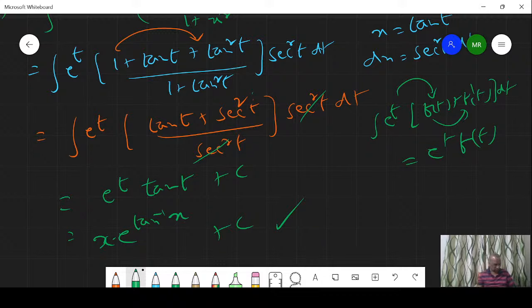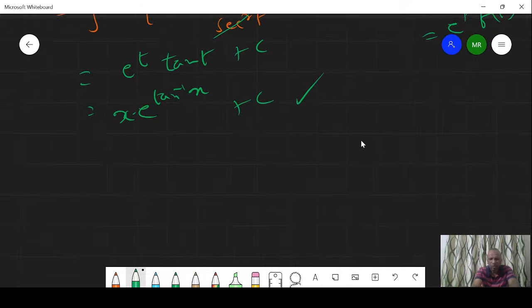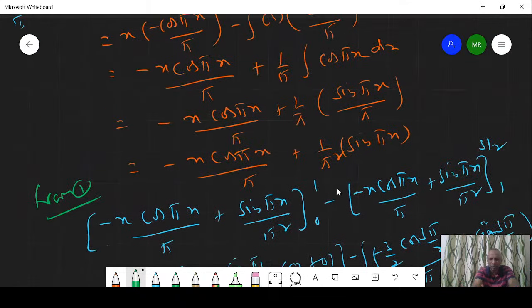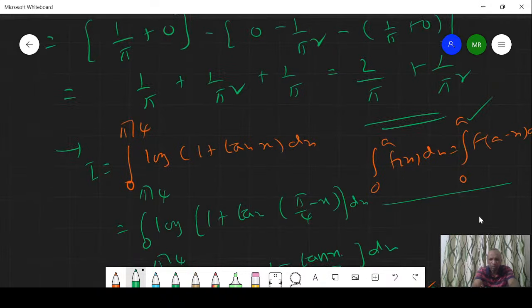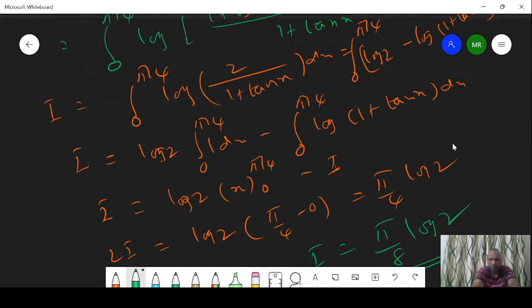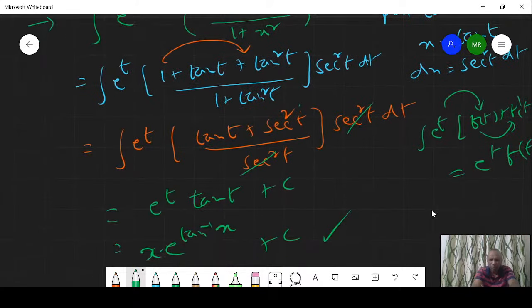Next one. Suppose if they are asking, integral 0 to 1 sin inverse x dx. This is a previous problem. You have taken this simple problem.